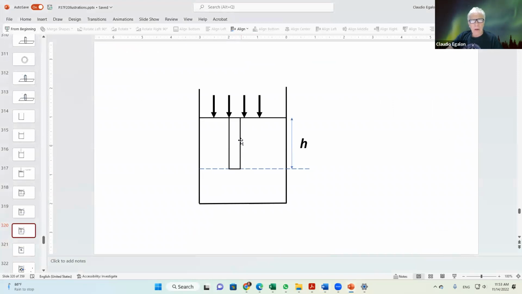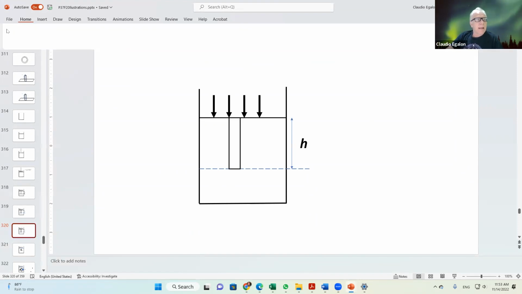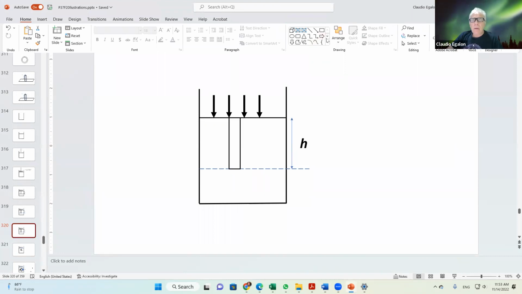So what we have here is a column, a cylinder of water that's above you. The cylinder has area A. Let me get my cylinder here as well, so you have a more realistic illustration.